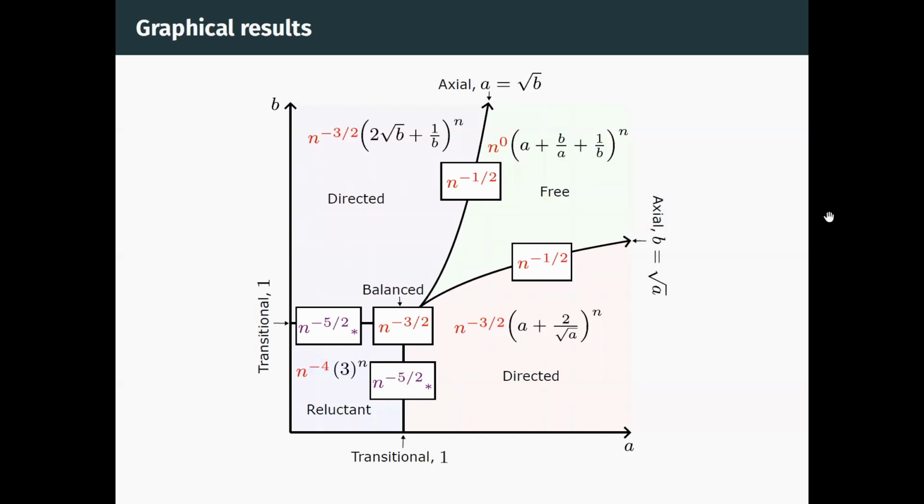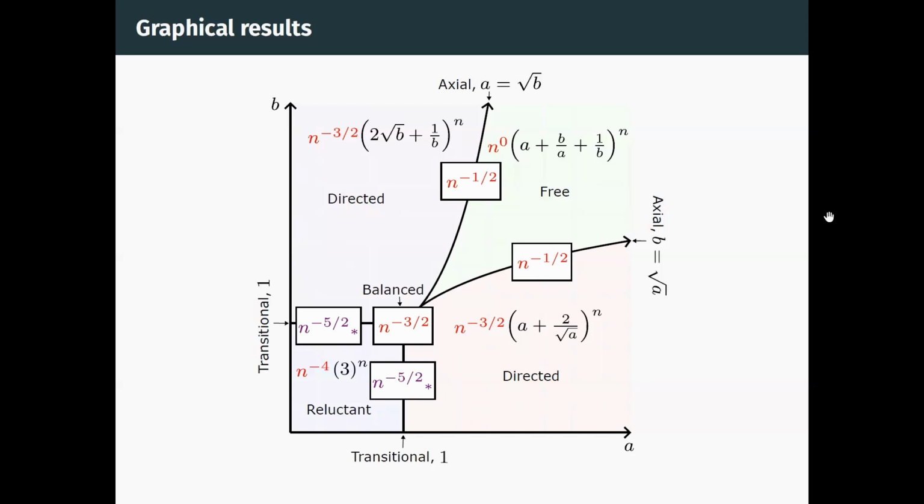And so, for example, if the weights are both quite small, and in this context that means less than 1, then in the lower left, that corresponds to that region right there. And we'll consistently get an exponential growth rate of 3 to the n, sub-exponential growth rate of n to the -4. And then also the constant term is explicit. It's just gross for all of them, so I couldn't fit it in. But it is true. That's one of the benefits of ACSB is that you can get those constant terms, whereas some other methods have trouble with that.